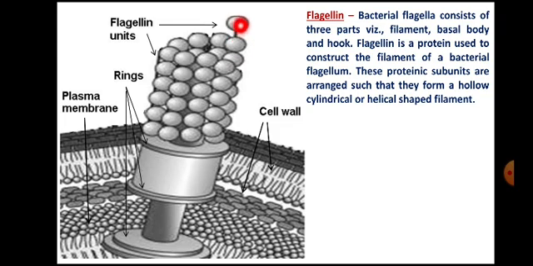You can see that this filament is made up of protein subunits, that is flagellin protein. These flagellin proteins are connected to each other in a regular fashion in order to form a complete filament. So that is the example of a structural protein in the bacterial flagellum, that is flagellin.